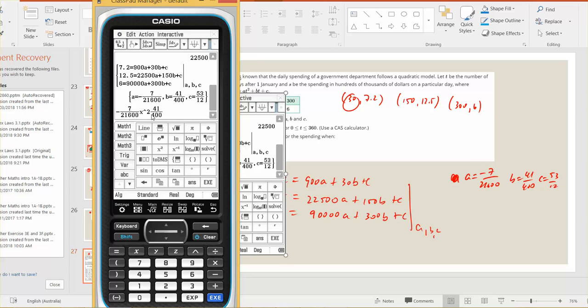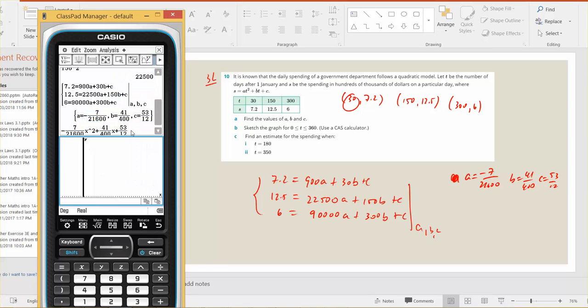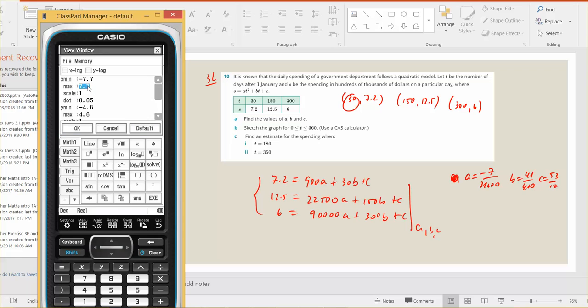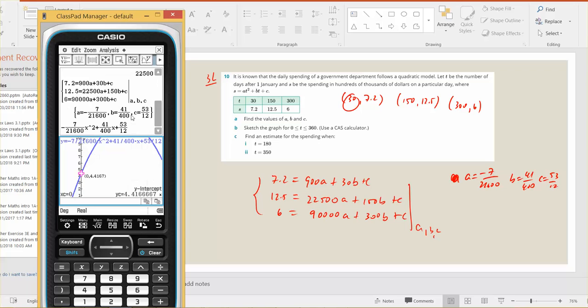If you were to graph it, you'll have something like this, with S in hundreds of thousands of dollars and T in days. The maximum is given by Analysis, Max, at 158.14 and 12.52.